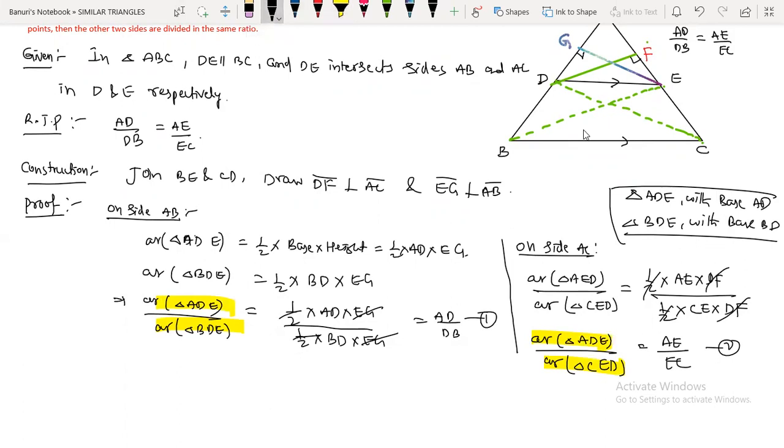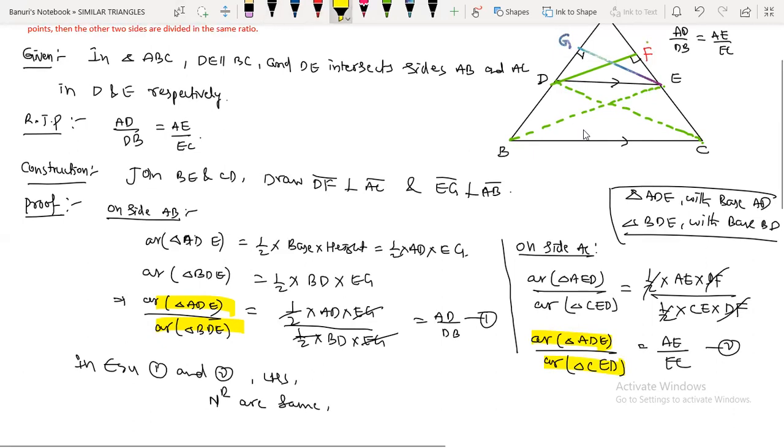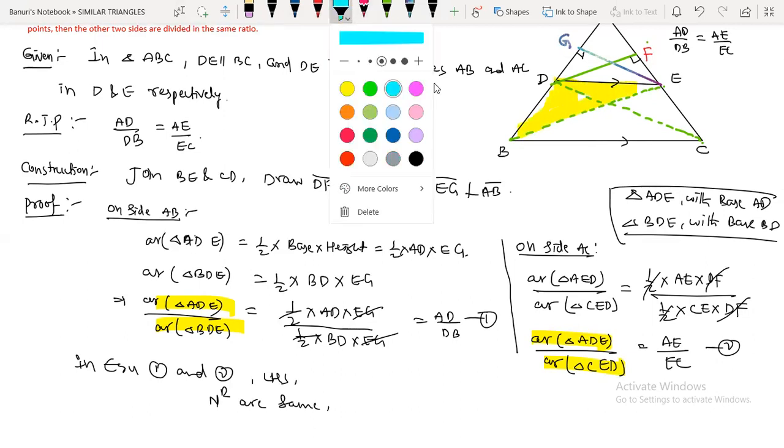See, in equation 1 and 2, in the LHS, the numerators are the same. So the denominators, if you see, are the areas of triangle BDE and triangle CDE.